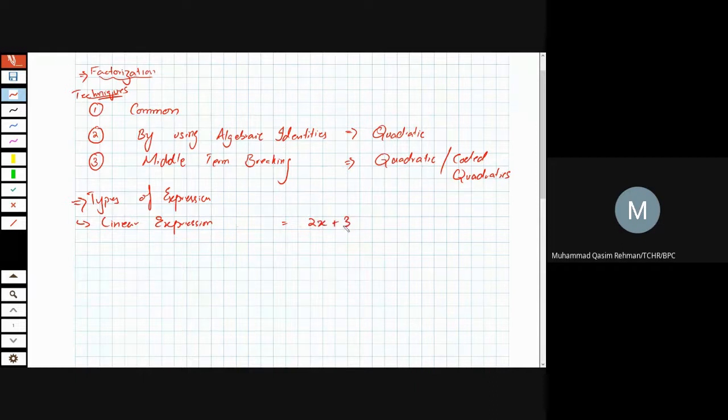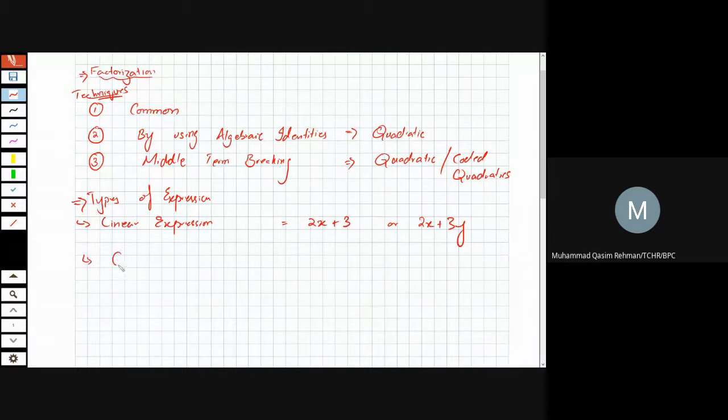We have just one variable over here, and it has a maximum power of 1. So this is a linear expression. Or 2x plus 3y. Again, in this case, whatever variables are involved, they have a maximum power of 1. So they are categorized as linear expressions.